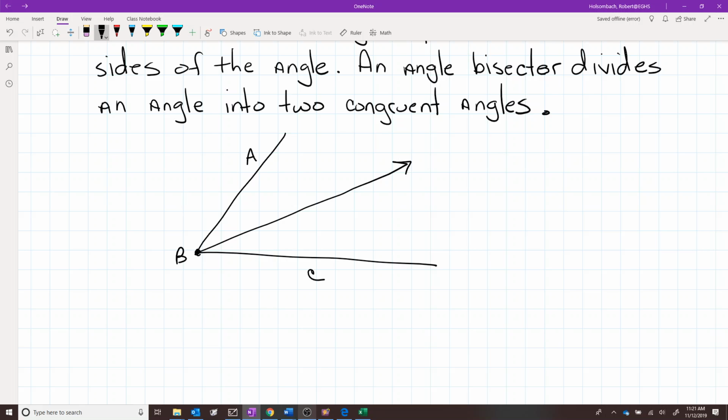And we'll put point D on it. So if angle ABD is congruent to angle DBC, then ray BD is an angle bisector.